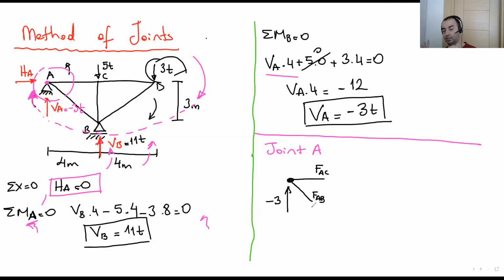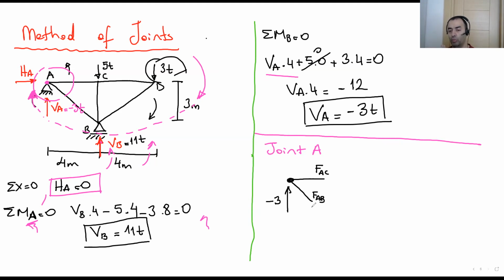In our calculations, tension is positive, compression is negative. Okay, I don't know if this FAC is a compression load or tension load. It's the same for the FAB, as you can see. That's why I make an assumption.